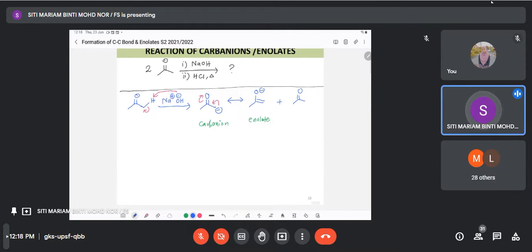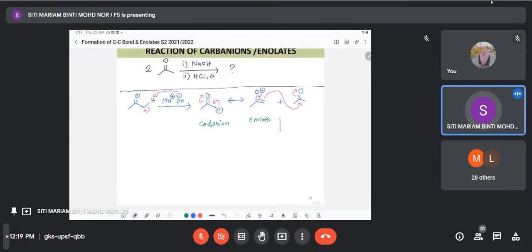So this one reacts with the second ketone. Your ketone looks like that. So what will happen? This enolate: electrons go back, use this double bond, attack your carbonyl carbon, cleave this bond, and give electrons to oxygen. So you just follow the mechanism, the electron flow, and show it using curved arrows.